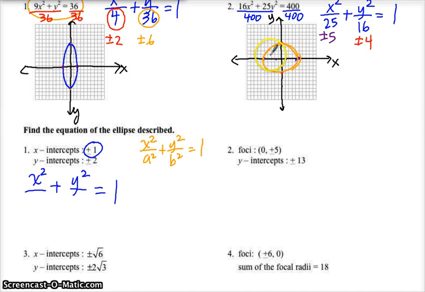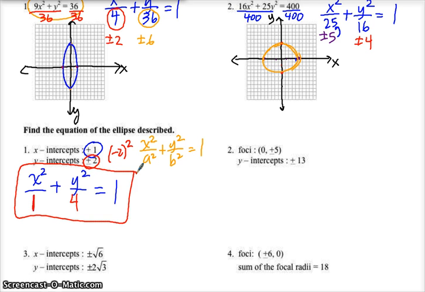And what did we do with those numbers? We would square them to go backwards. So 1 squared is 1. Here, negative 2 squared or 2 squared is 4. So the only thing I had to fill in was a 1 and a 4, and that's my general form for an ellipse. I'm done. That's my equation. This entire thing you must write down.